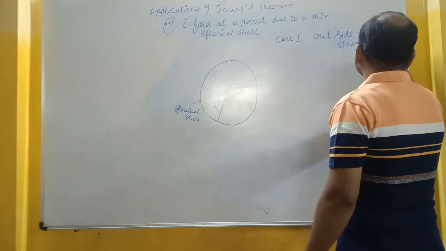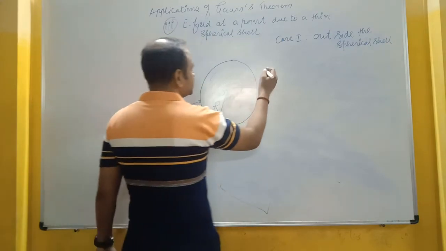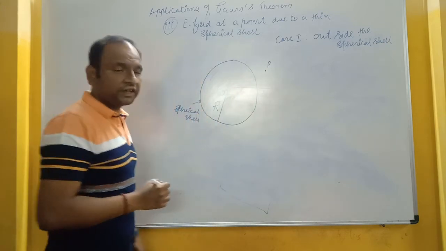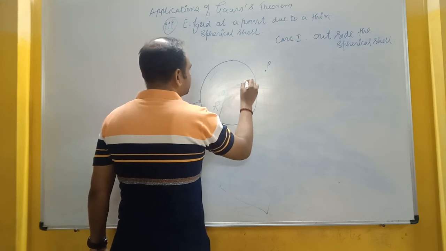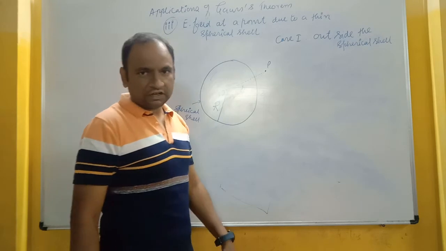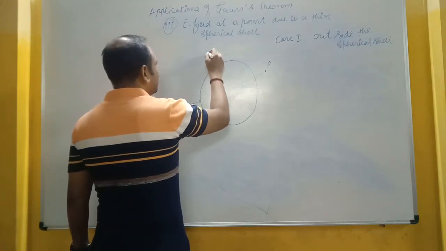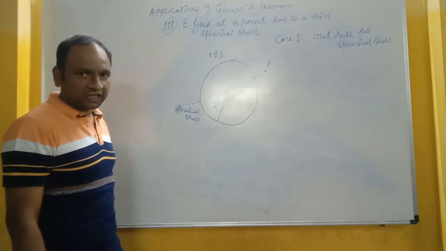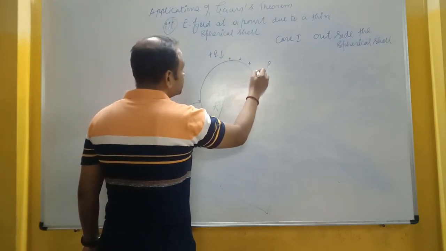My point P is somewhere here, and the distance of this observation point P from the center of the sphere is R. Now suppose I give an amount of charge, let us say plus Q, to the spherical shell, then that charge would be distributed uniformly over the whole surface of the spherical shell.